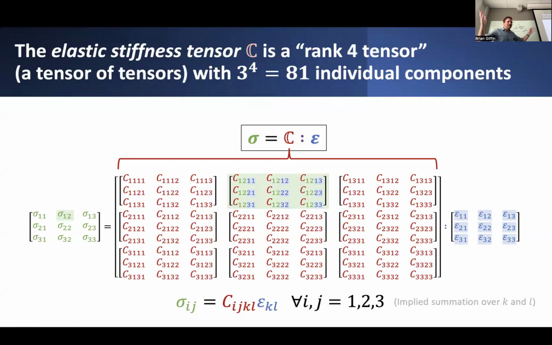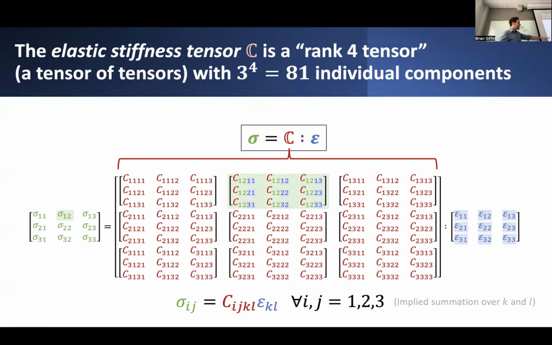So in total, this 4-dimensional array or tensor of tensors is going to have a total of 3 to the 4th, or 81, individual stiffness components, which you can use to individually figure out, through a tensor contraction operation of any one of these subtensors with the strain tensor, the corresponding component of stress.